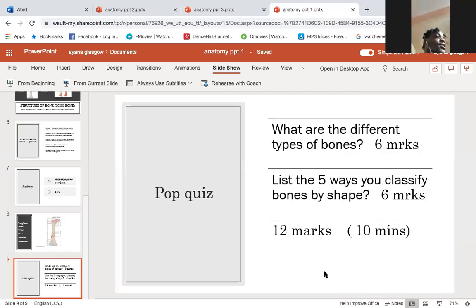So, what are the different types of bone in the body? Spongy and compact bones. You cannot just tell me spongy and compact. Tell me something about spongy bones. Tell me something about compact bones.